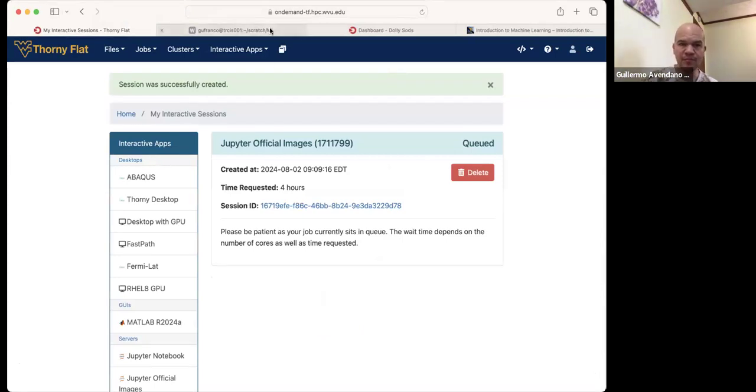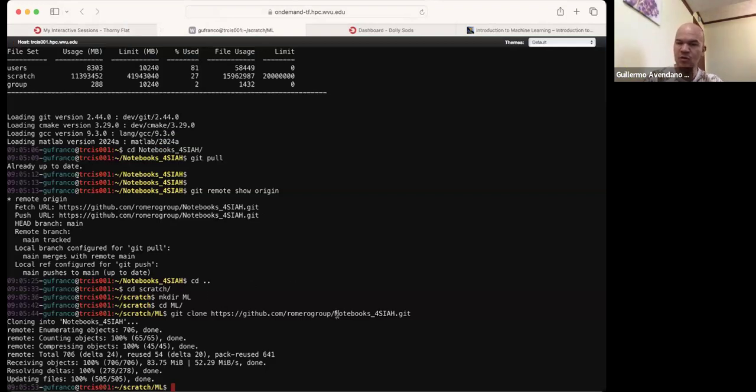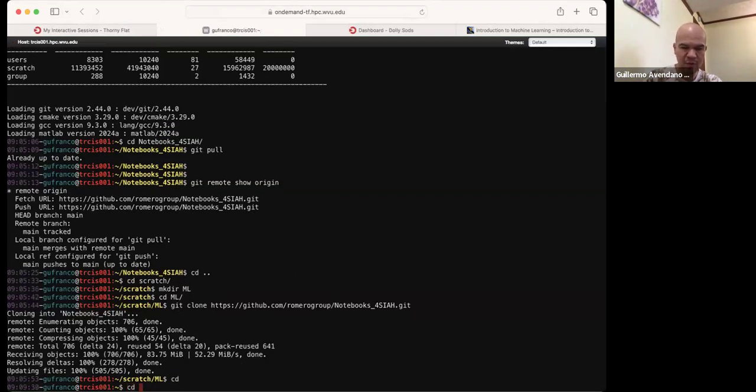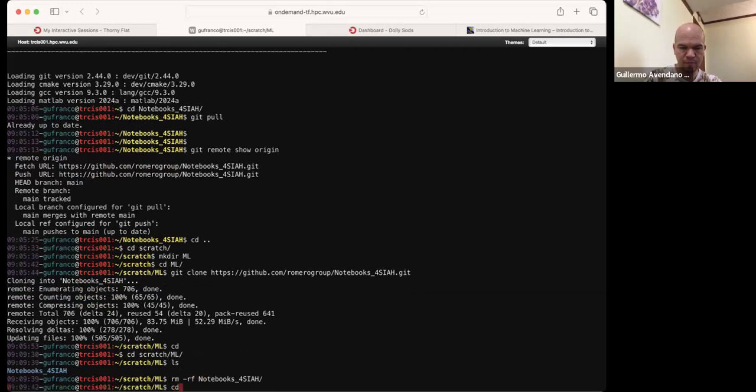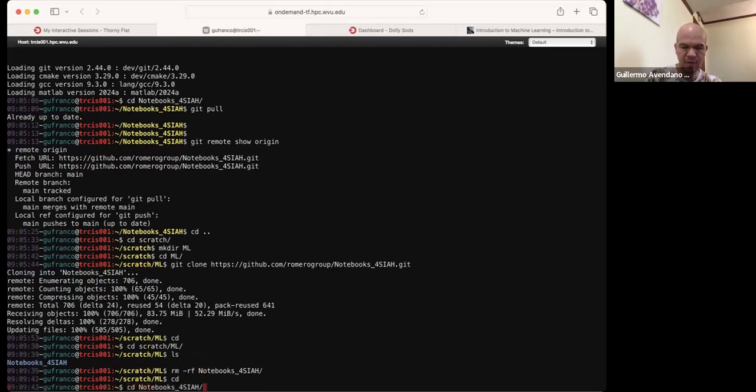And remember, for doing that, you clone the repo for the notebooks. I have my own copy here. Well, I will delete this because I have my own copy here.